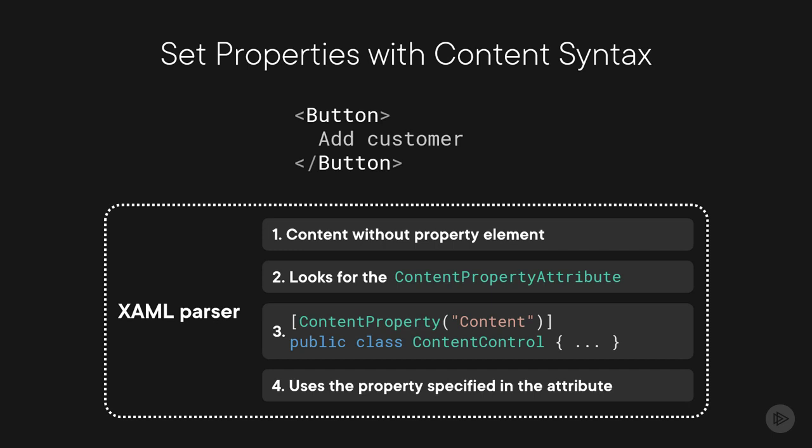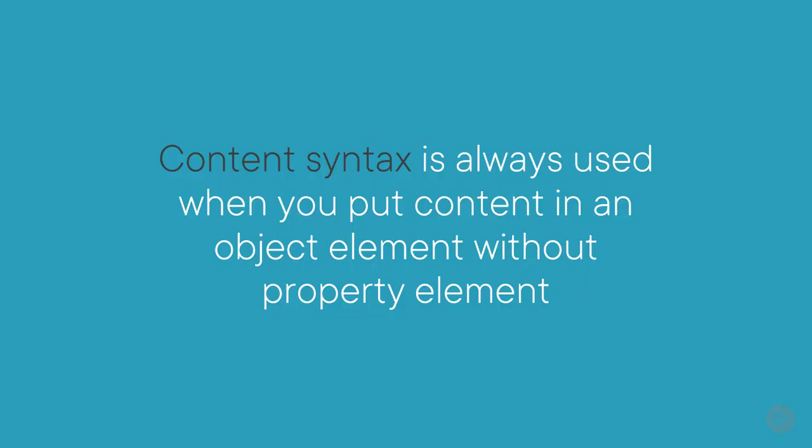That means in this case of the button, it assigns the value @customer to the button's content property. So this is how the content syntax works, and it is used quite often in SAML. Actually, content syntax is always used when you put content in an object element without property element.